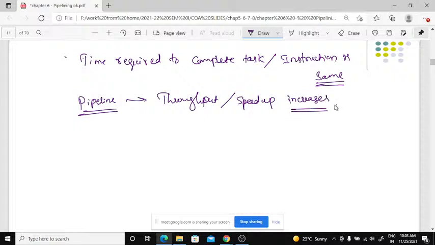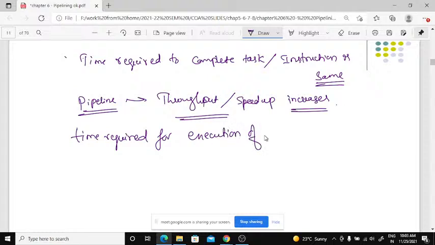And yesterday I discussed that this increase happens in the case where the time required for the execution of an instruction, or each stage, is the same.